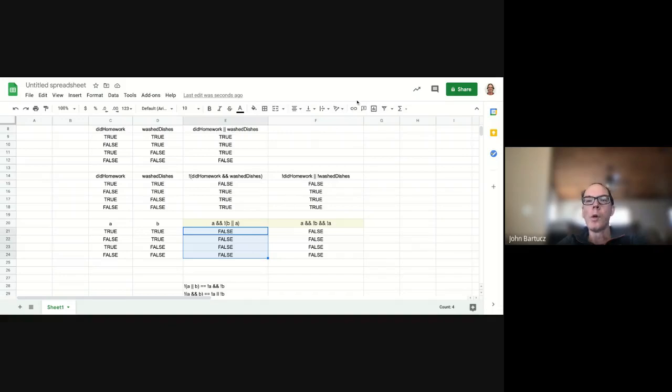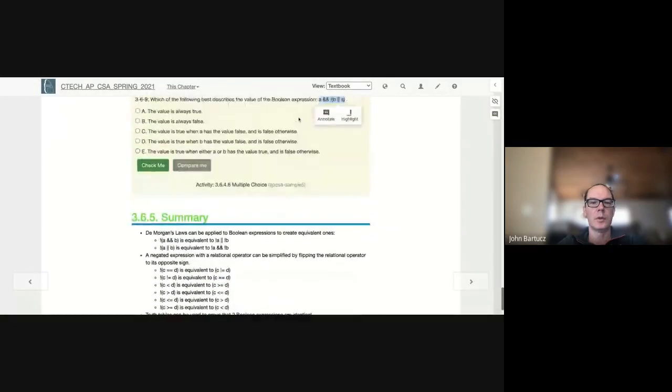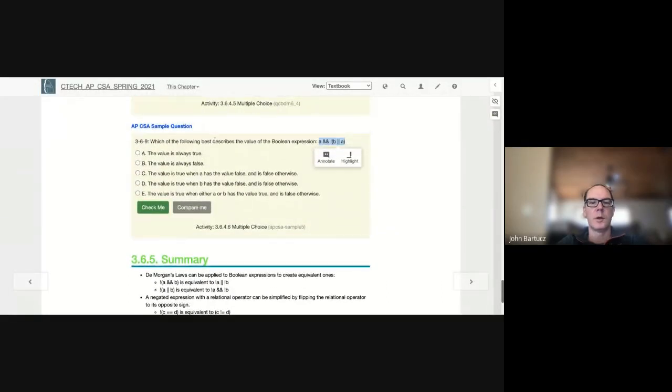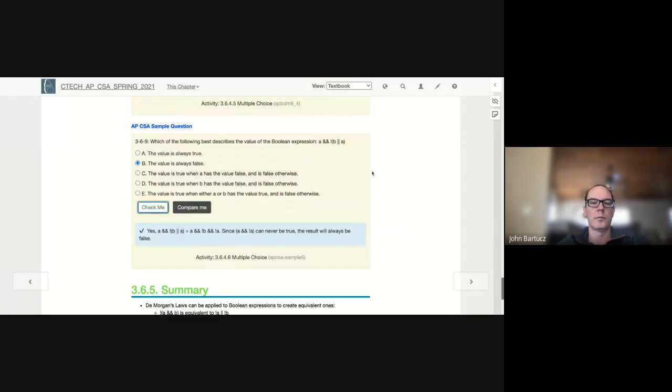So let's go back into the assignment and see what our possibilities are. Which of the following best describes the value of this? The value is always false. Yes.